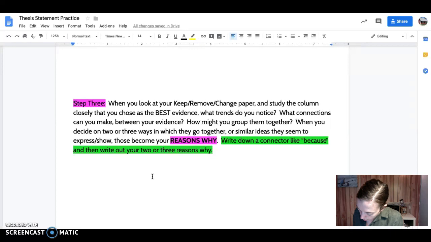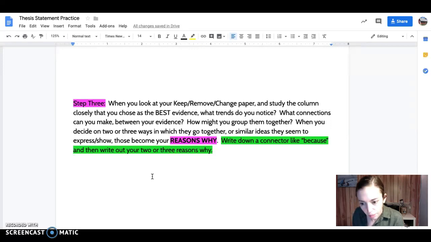Okay, so Klan rally without the hoods, again, white supremacy, right? For these last two, really, what I see between them is they are allowing these attitudes to continue. Oh, so that could be a reason why for me.